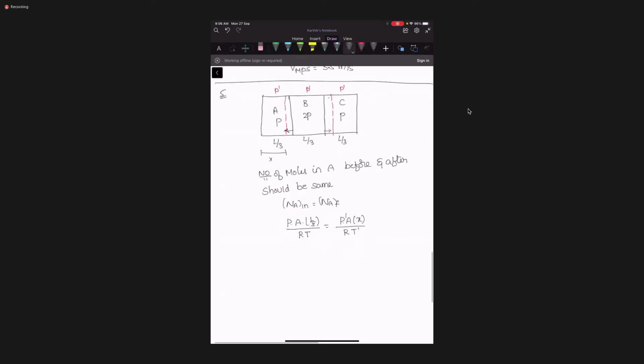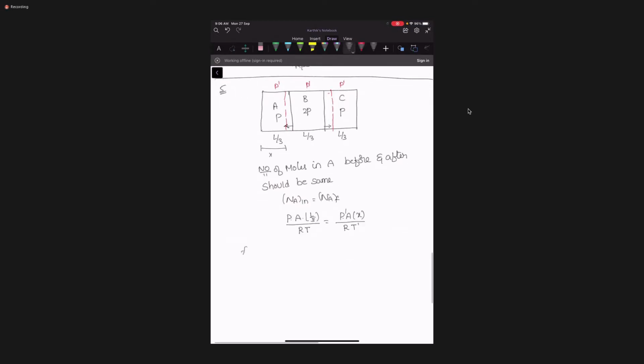Similarly, for B also the same thing happens, right? Yes. The number of moles in B initial should be equal to the number of moles in B final. It is 2 times pressure initial into area into L by 3 by RT, equals P dash into area into the final length by RT.